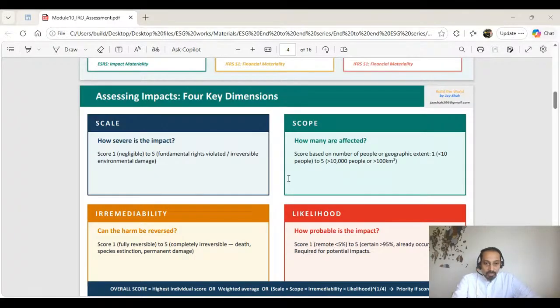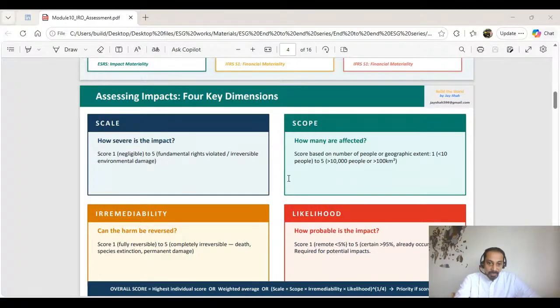Dimension 2 is the scope. Scope is about breadth, how many people or how much of the environment is affected. This is quantitative wherever possible. At score 5, for example, more than 10,000 people or more than 100 square kilometers of ecosystem are affected. And at score 1, fewer than 10 people or a tiny localized area is affected.